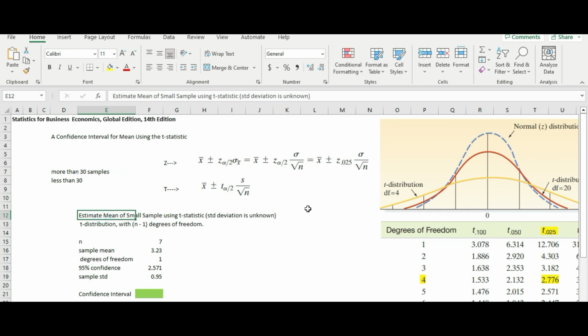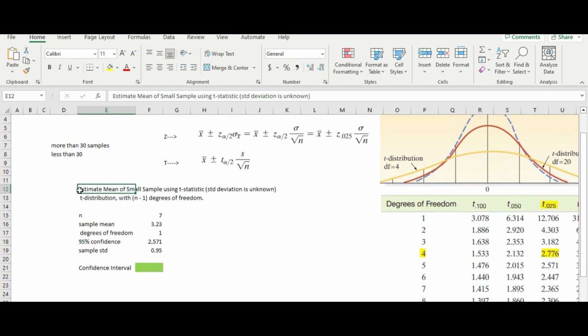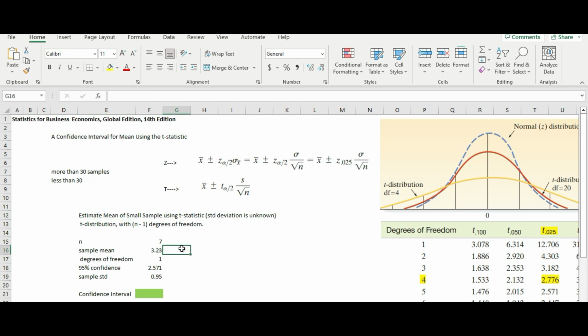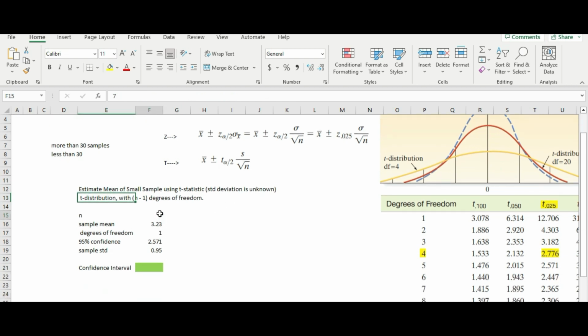Now we have a sample showing how to compute this. We will be estimating with a small sample using the t-statistic, where the standard deviation is unknown. For example, we have 7 samples. By the way, the t-distribution has n minus 1 degrees of freedom, which we will explain later.